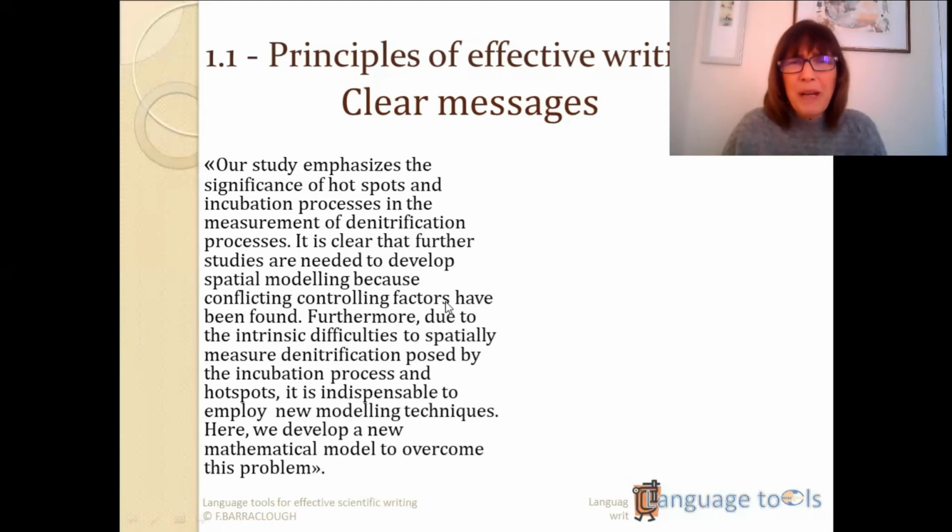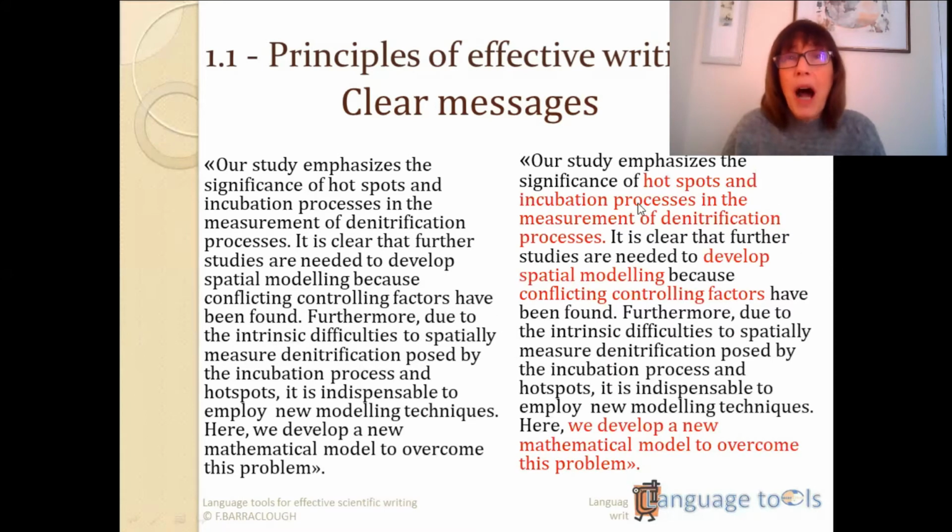And if we try to highlight the keywords, let's say the keywords, start off there, it might be easy. We will see that we start off quite well. Our study emphasizes the significance of hotspots and incubation processes in the measurement of denitrification processes, though we have processes and processes, okay?